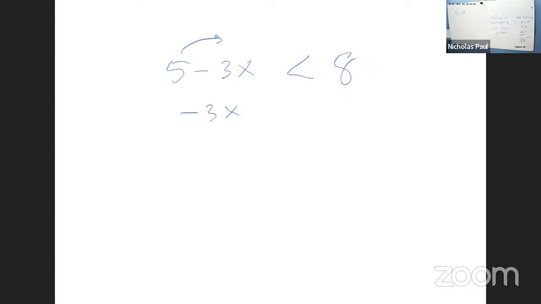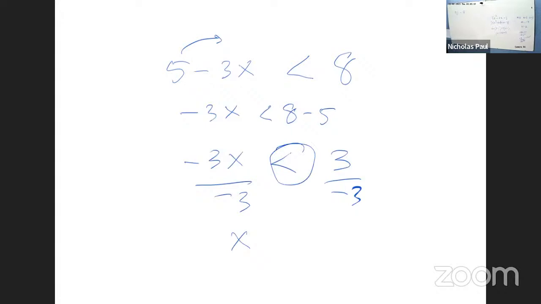You'll get minus 3x is less than 8 minus 5. Minus 3x is less than 3. Then we're going to divide by negative 3. So what's happening here? Change the sign. So it should be x is more than minus 1. So whenever you're solving an inequality, you have to remember to do that.